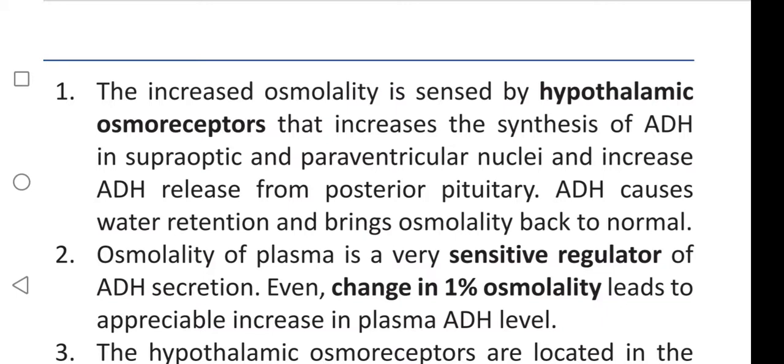What is sensed when increased osmolality occurs? It is sensed by hypothalamic osmoreceptors. That causes the increase of synthesis of antidiuretic hormone in supraoptic and paraventricular nuclei, and also increased antidiuretic hormone release from posterior pituitary.